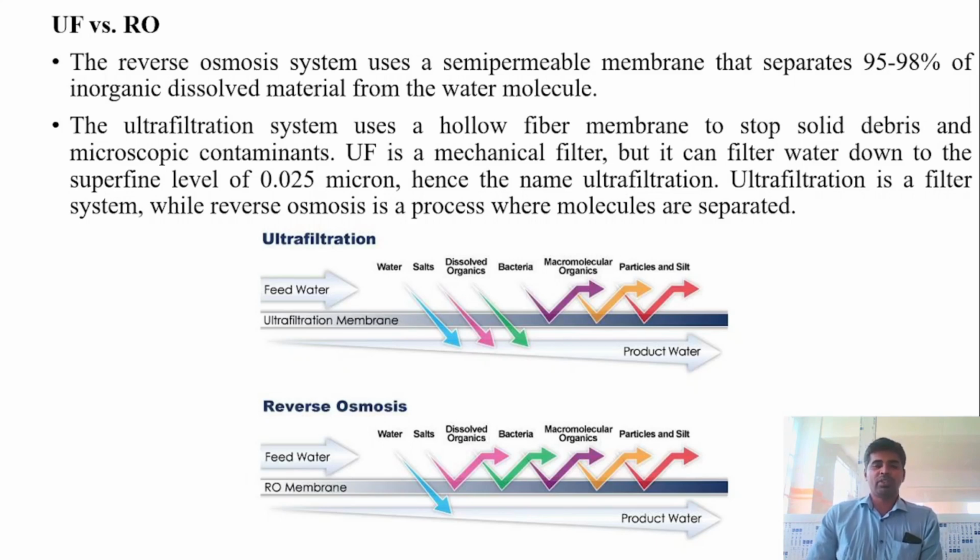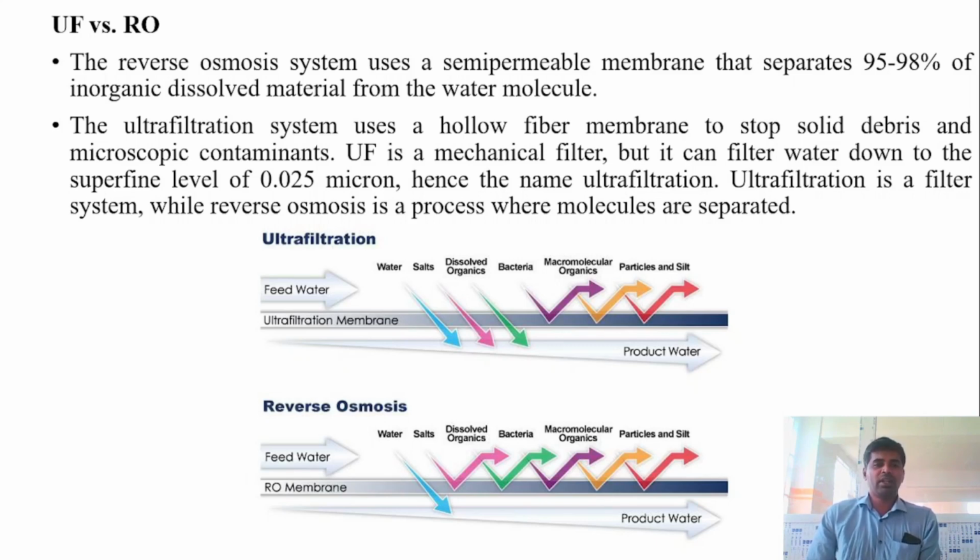could not be filtered. I hope you understand the difference between salts and dissolved organics, because salts and dissolved organics are dissolved in water, but sometimes you can see bacteria and particles easily in the water. If it is dissolved in the water, we cannot separate it out using ultrafiltration.